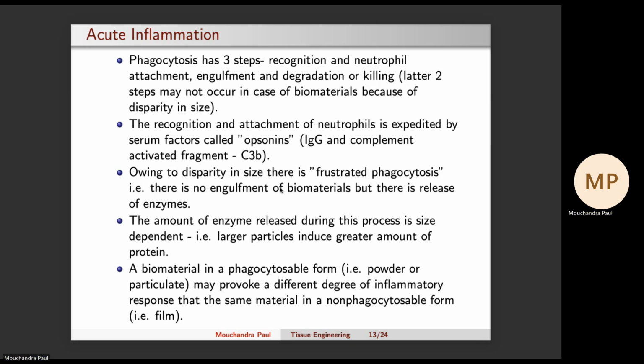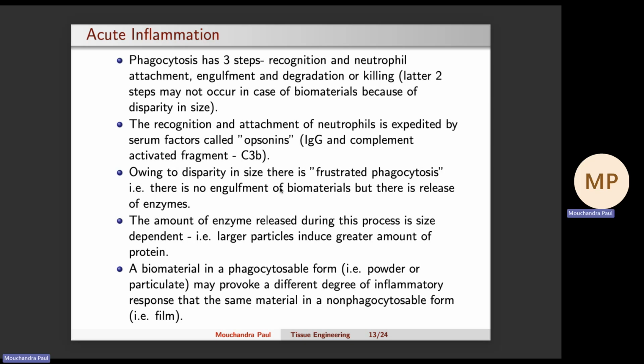Now, most of the implants that we use for any purpose in tissue engineering are usually larger than the size of the cell. So the cell will try to phagocytose, but it will fail, which is why the phenomenon of frustrated phagocytosis is seen. The cell is not able to phagocytose it, no matter how much enzyme it releases, so it fails, hence the term frustrated phagocytosis.